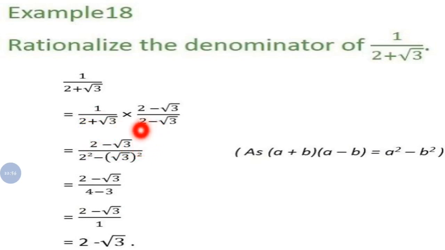When you square the 2, you will get the number 4, and if you square root 3, you will get the number 3. So 4 minus 3, the answer will become 1. We don't want to write the denominator as 1, right? So we can simply write 2 minus root 3 as the answer. So this is how we have to rationalize the denominator. Okay, let's see the next sum.